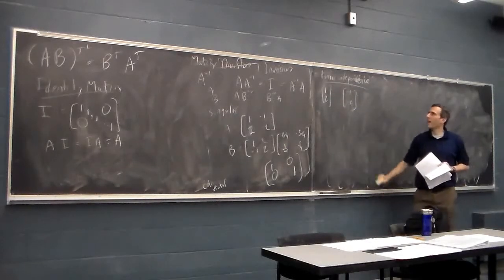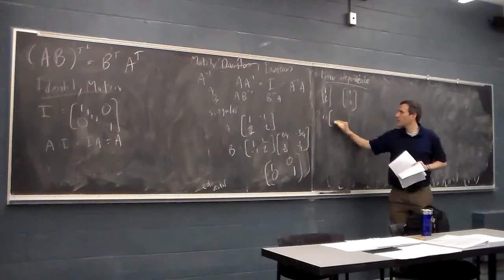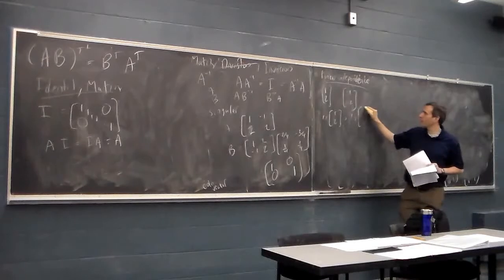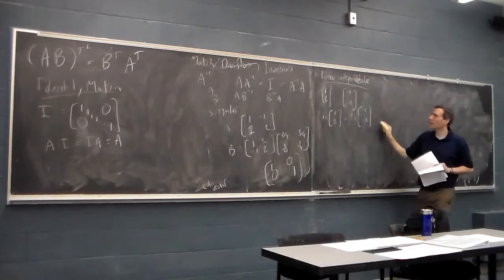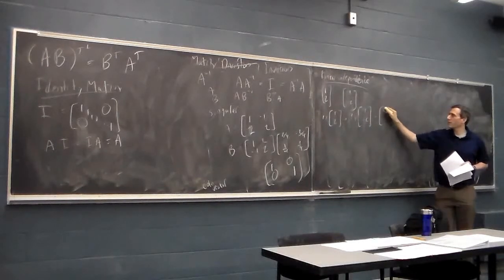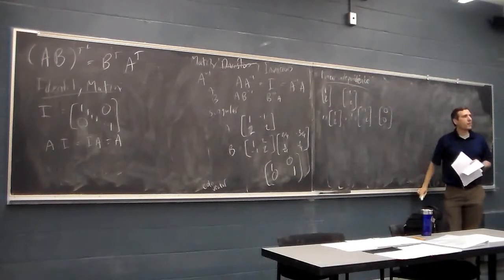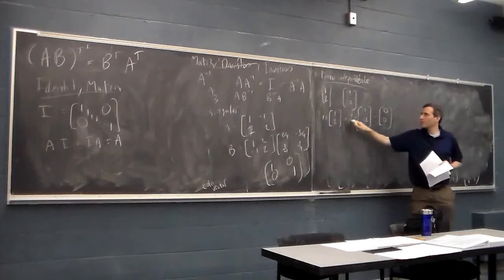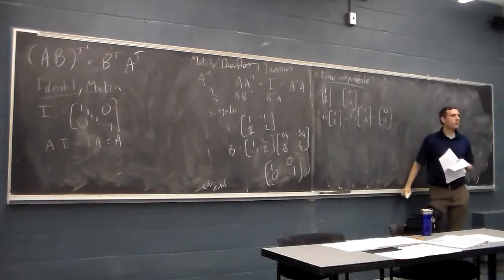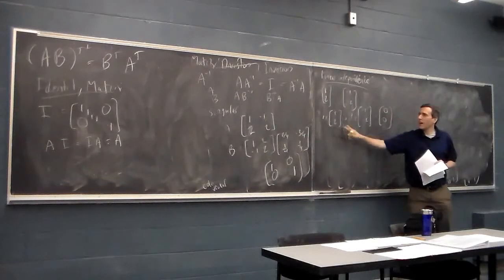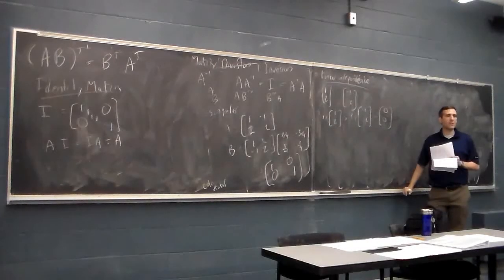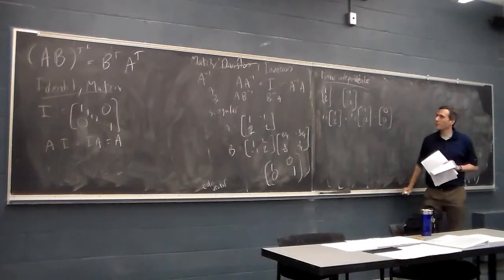So we can say that 1 times (1, 2) plus 1 times (-1, -2) is equal to (0, 0). And because there's a way of combining a scalar times this plus a scalar times this to get a 0 vector, that tells us the columns of A are linearly dependent, and that means that A is a singular matrix. We could do the same thing with the rows of A.